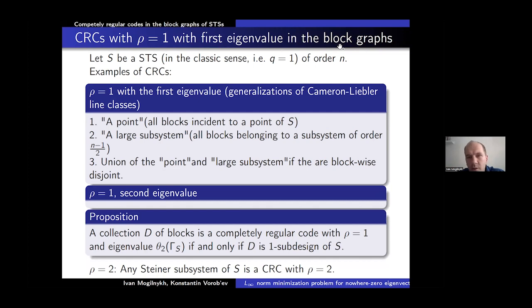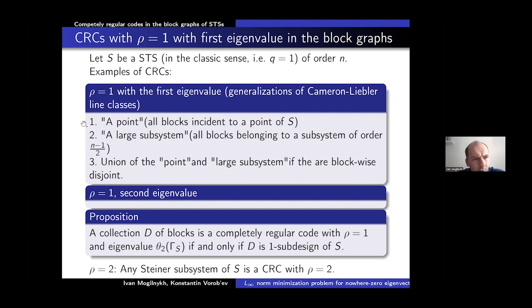When we speak of completely regular codes in the block graphs, we have the following examples of completely regular codes in the block graphs of Steiner triple systems. So here and below, I mean only Steiner triple systems in the classical sense.